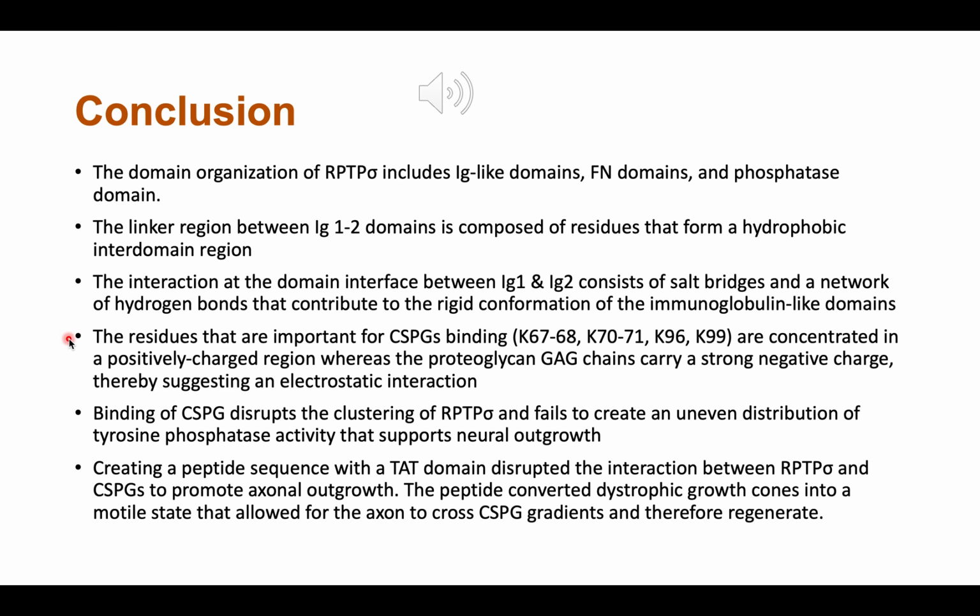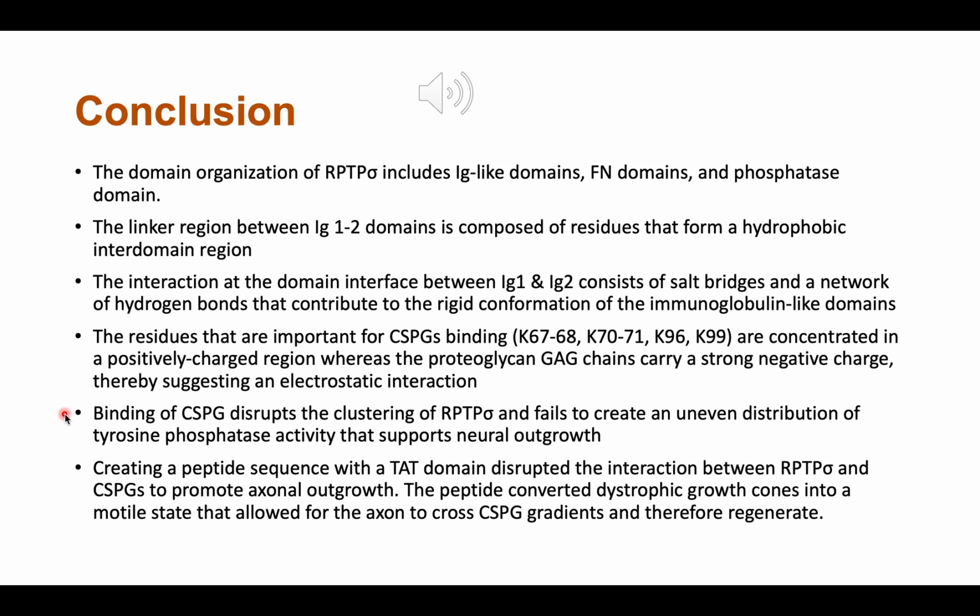More importantly, the residues that are important for CSPG binding are concentrated in a positively charged region, whereas the proteoglycan GAG chains carry a strong negative charge, thereby suggesting an electrostatic interaction between the receptor and inhibitory molecule.